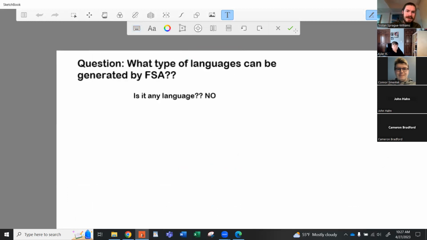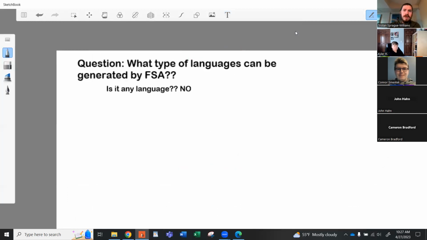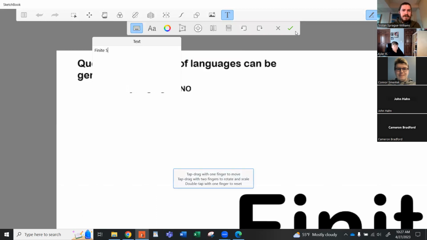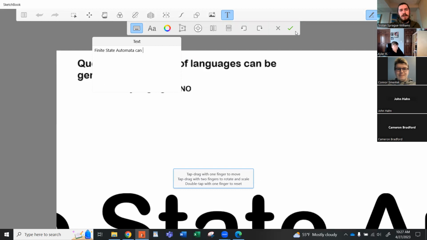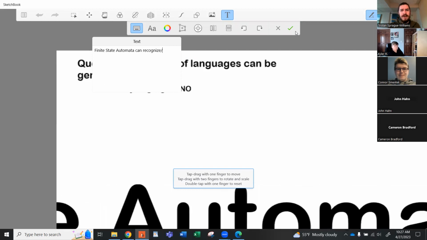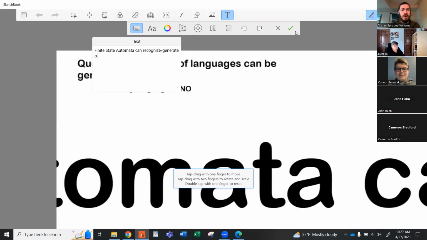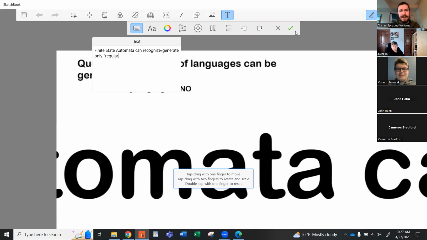No. The answer to that is no. Finite state automata can recognize/generate only regular languages. This is the terminology.